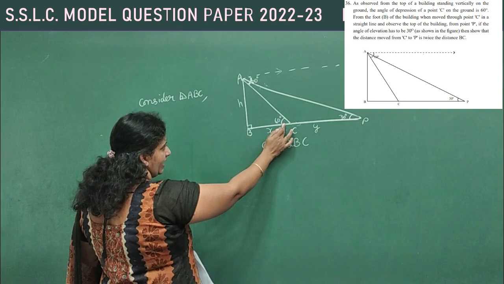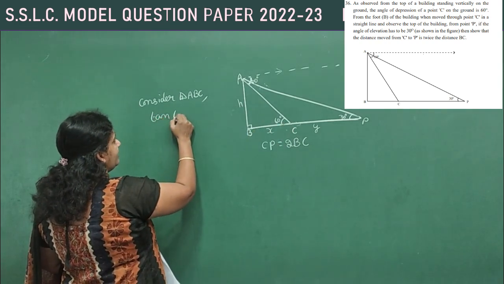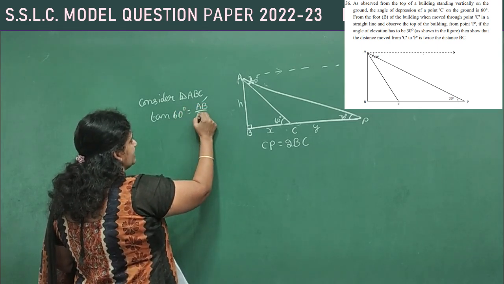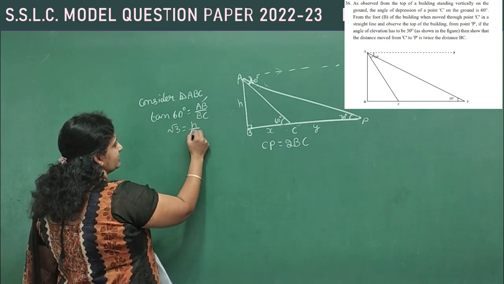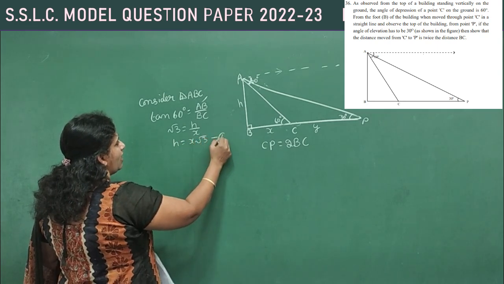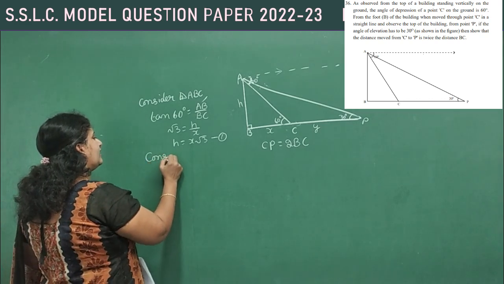Observe, this is the acute angle, opposite, adjacent. Which ratio? Tan ratio. Tan 60 degrees is equal to AB by BC. Tan 60 degrees value is root 3. AB is h, BC is x. So h is equal to x root 3. Mark it first equation.